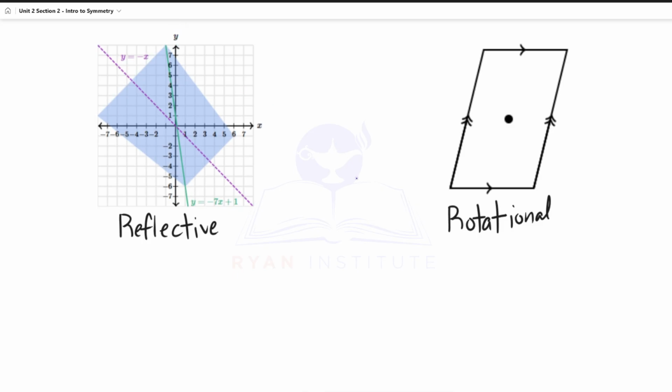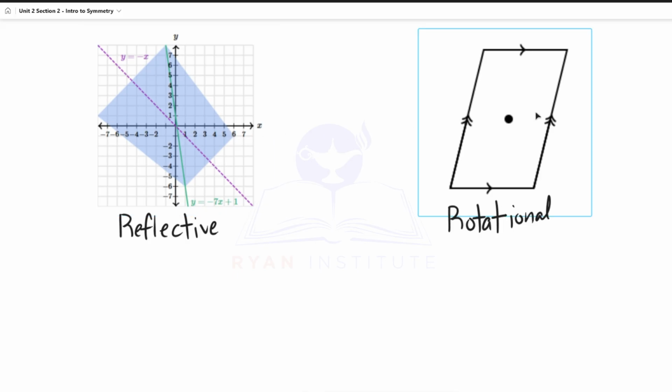All right. So now that we've taken a look at reflective symmetry, now let's look at the rotational symmetry. Same thing applies with rotational symmetry. If it is rotating about a certain degree, it should look the same.